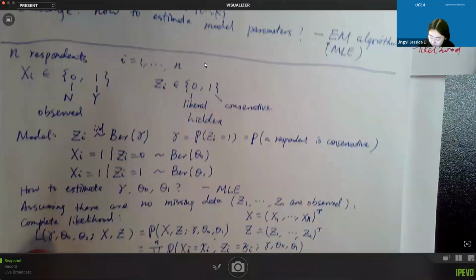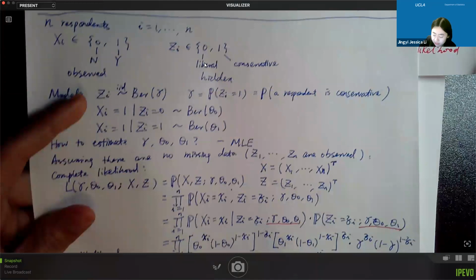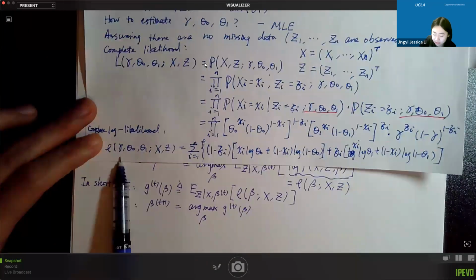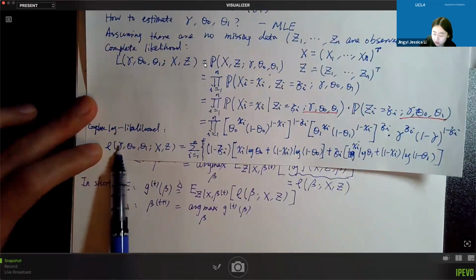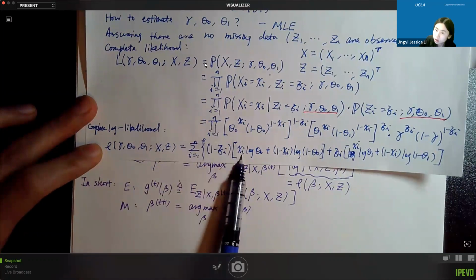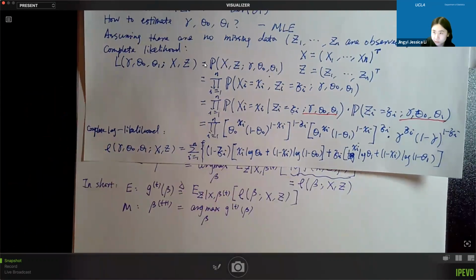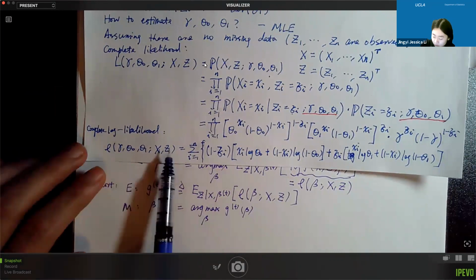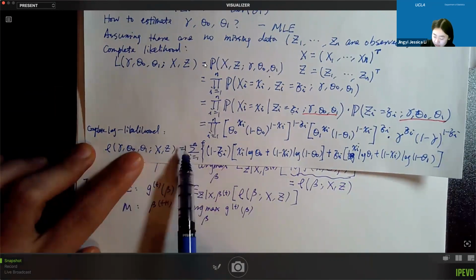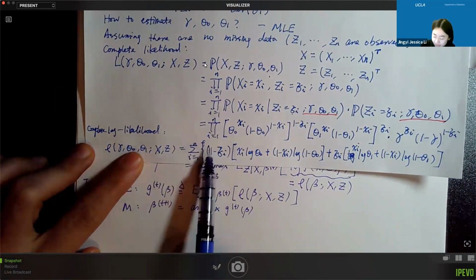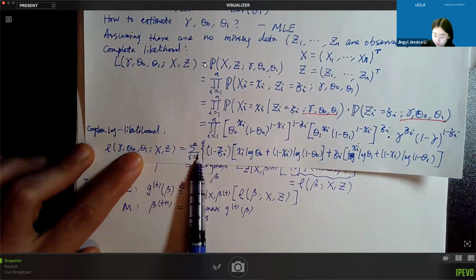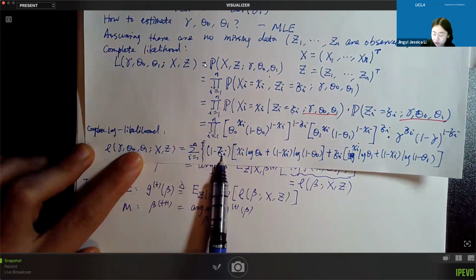This is what we need to take expectation for in the E step. Looking at this formula, which also applies to your homework problem, you see that once we take expectation for Z given X and parameters, that expectation will enter the sum and become the expectation of Z i.